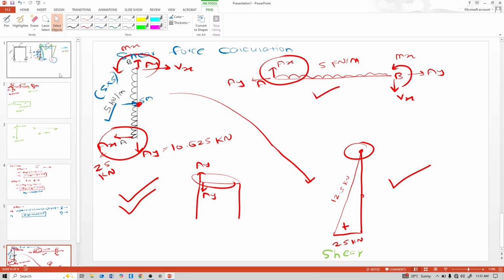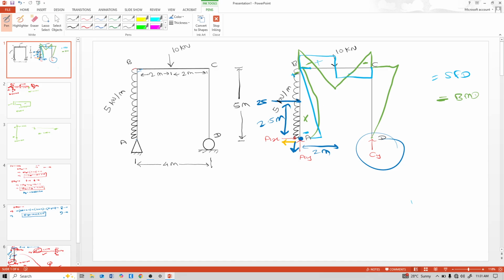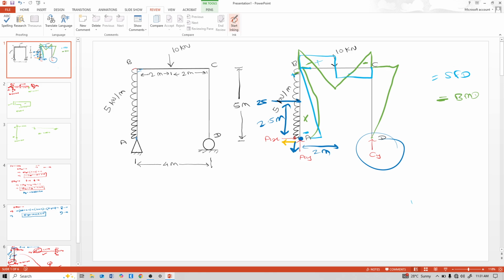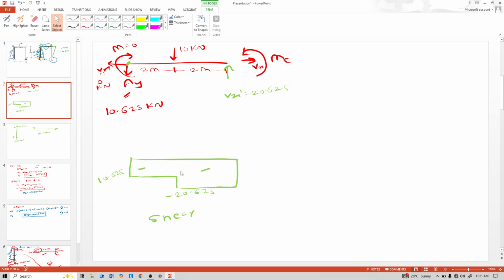So draw positive value away, outside. This is 25 and 0. Now for that point BC, it is negative.